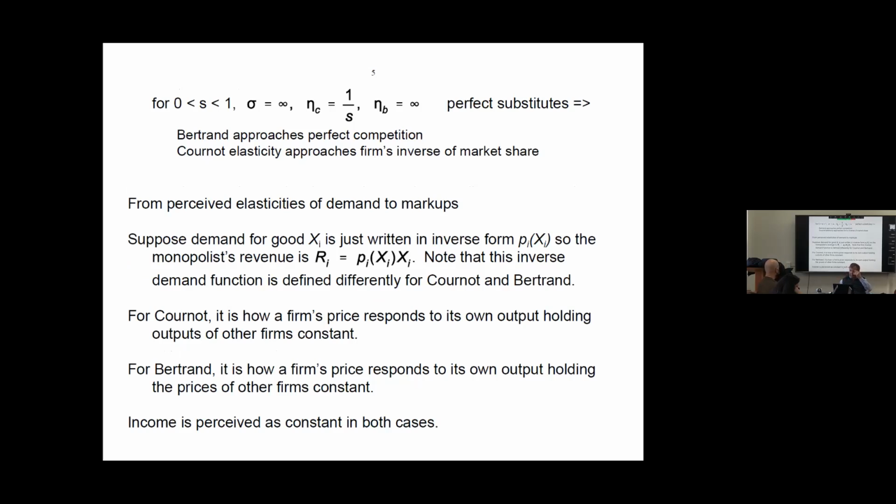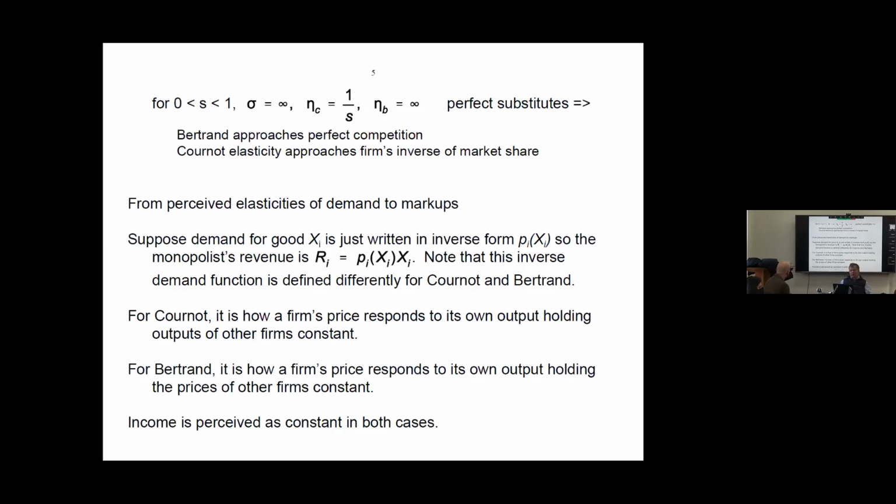The Cournot markup is 1 over the firm's market share. But the Bertrand markup goes to infinity, which is perfect competition. So with scale economies, that's going to be a problem.